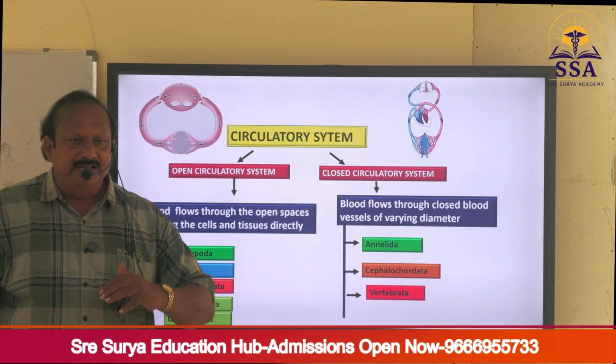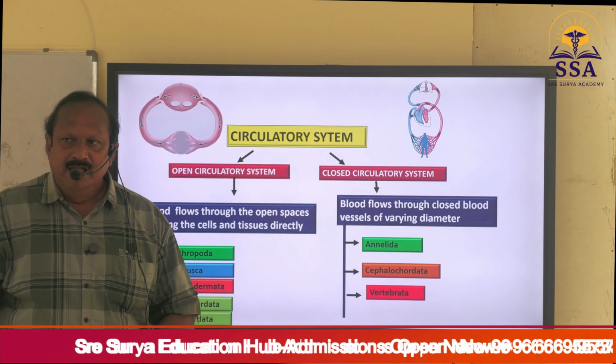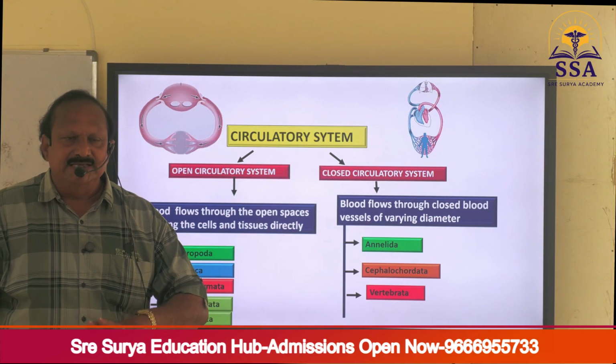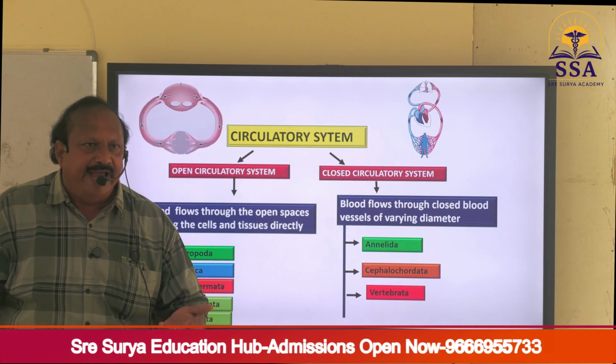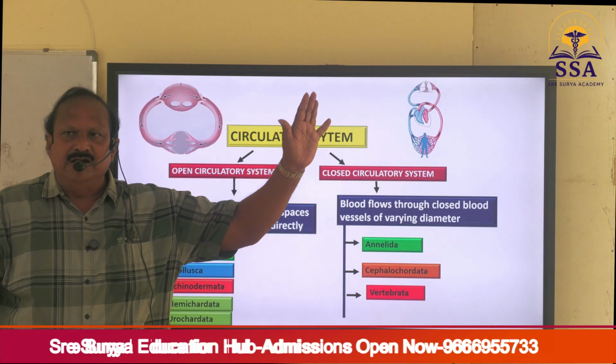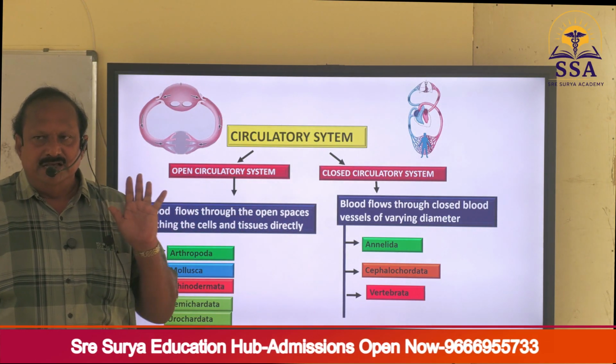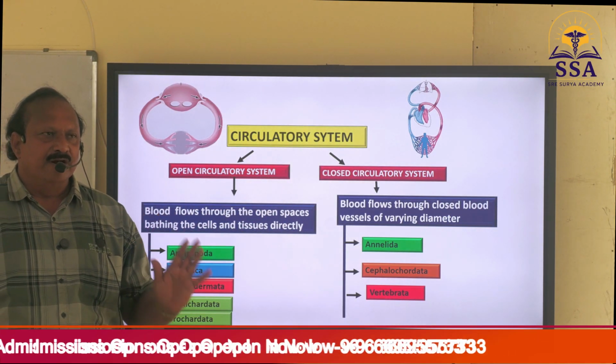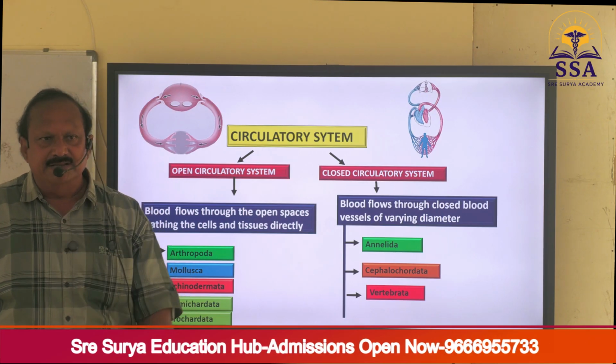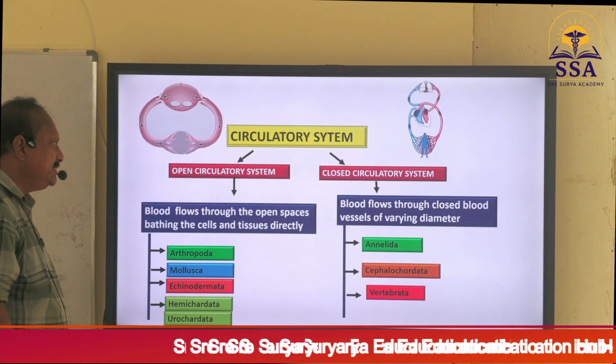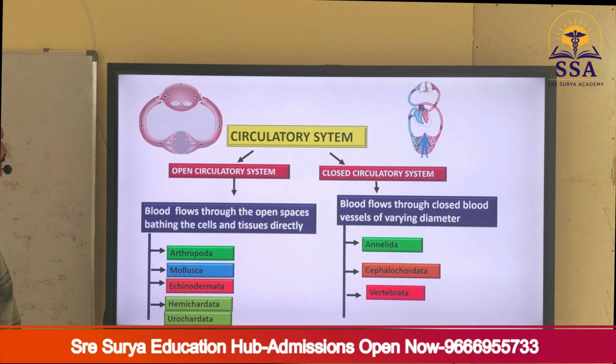What kind of category they belong to? From Porifera to Aschelminthes, what kind of circulatory system do you find? There is no circulatory system in these animals. There is no circulatory system from Porifera to Aschelminthes. Okay? So this is one of the important basic points.